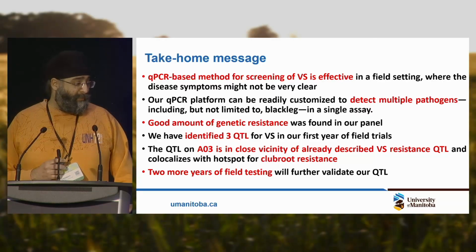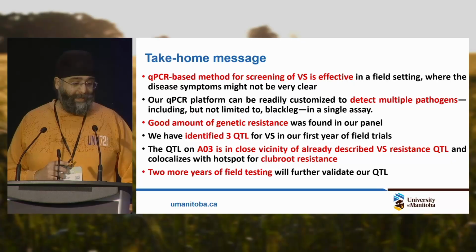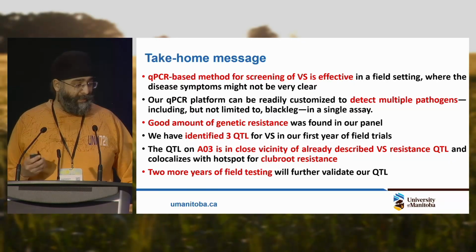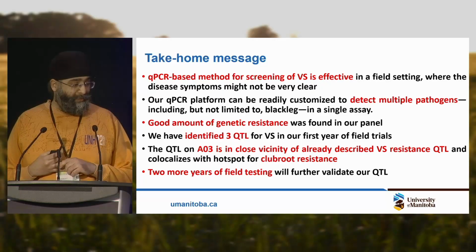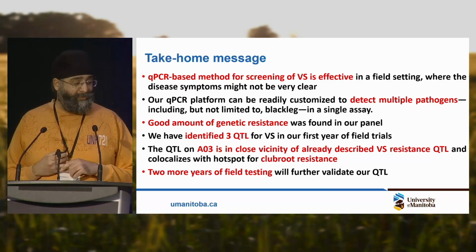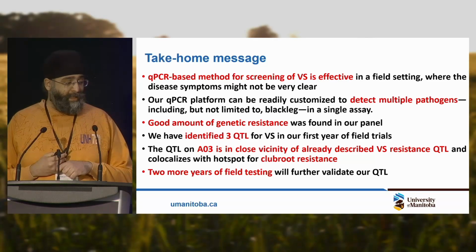The good news is we have good genetic resistance in our panel, so there is some light at the end of the tunnel, and maybe this resistance will finally make it into breeding programs at some point. For now, we have identified 3 verticillium resistance QTL, which will be confirmed in upcoming years of studies.